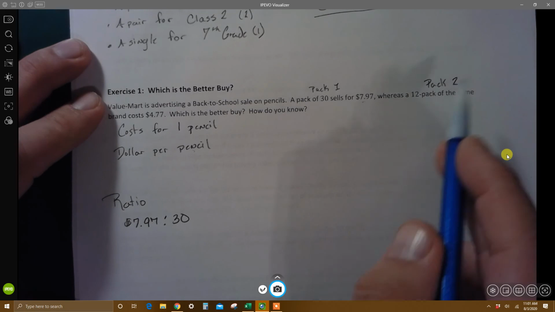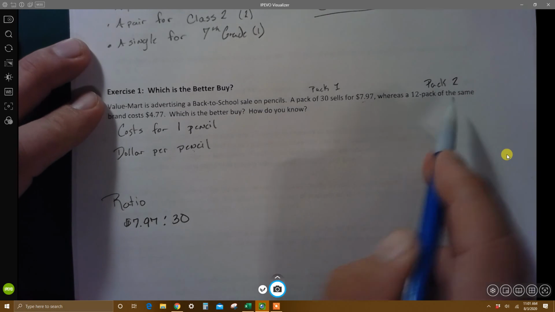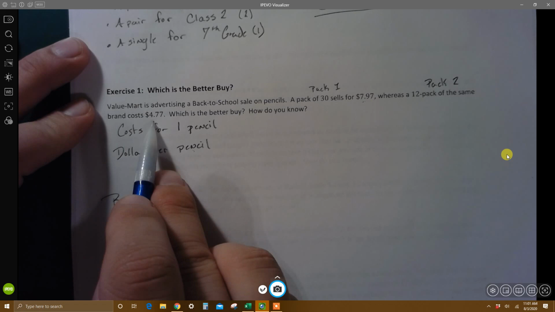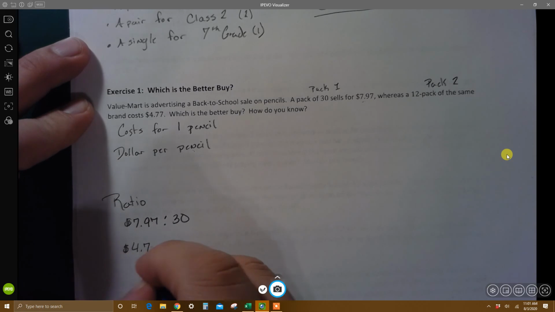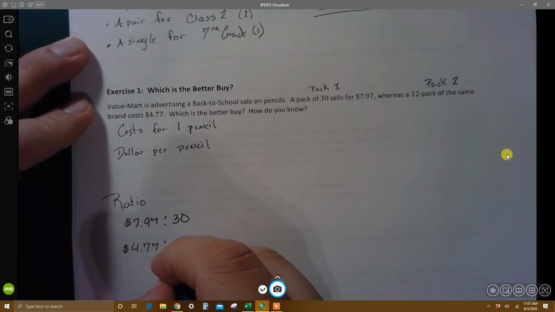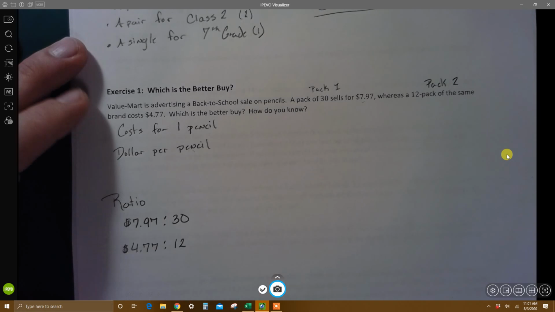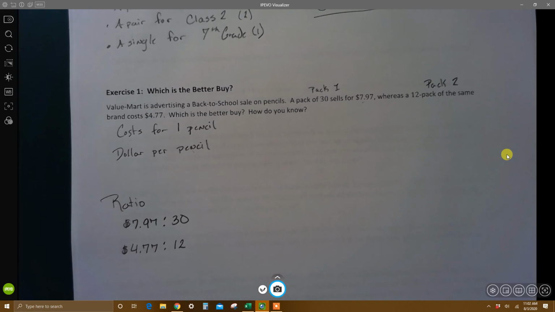My second ratio is the 12 pack of the same brand, which costs $4.77. So again, my cost is $4.77 per 12. Now I have my ratios. Now I need to set up my rates, which oddly enough, I think we've already set up accidentally.